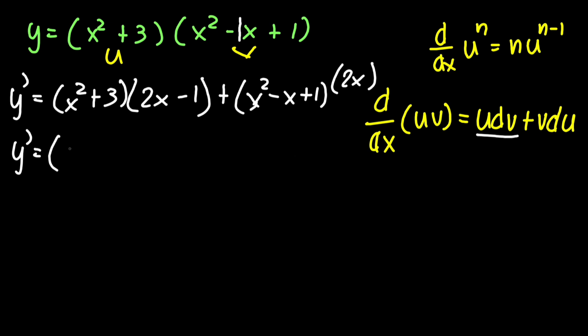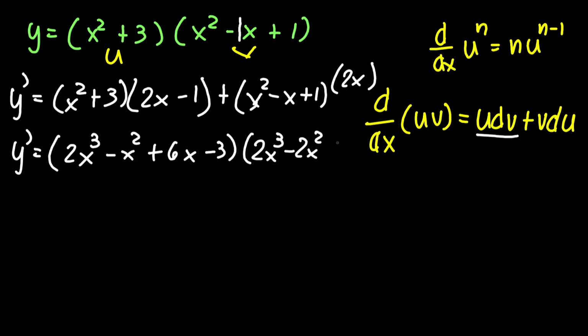It would be 2x cubed minus x squared plus 6x minus 3, and distribute 2x among this, which would be equal to 2x cubed minus 2x squared plus 2x.